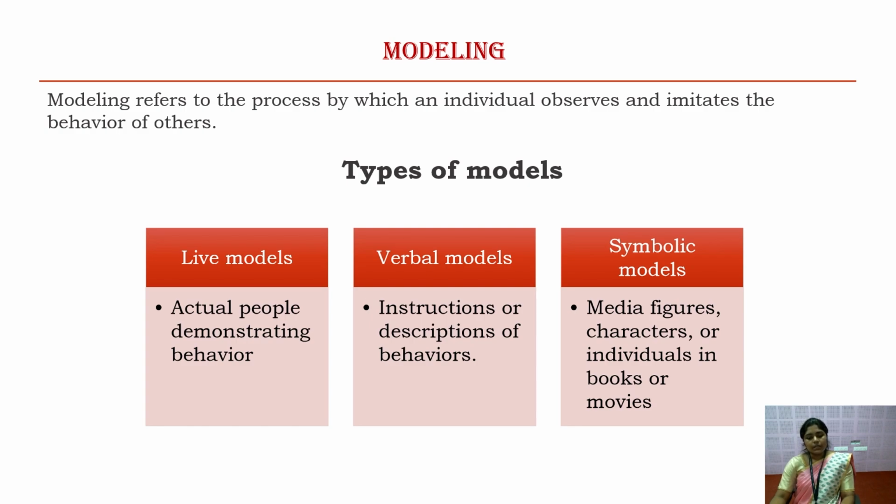A verbal model is where the instruction or the description of the behavior is given and they reproduce it. The third one is the symbolic model. A symbolic model is where famous figures or characters from media, books or movies are seen and reproduced.